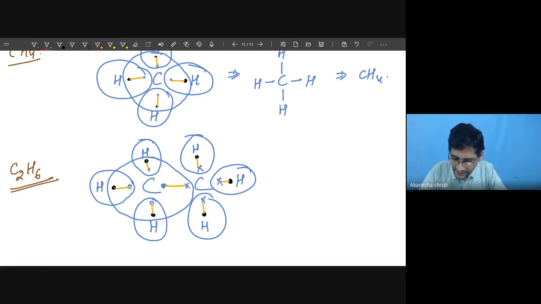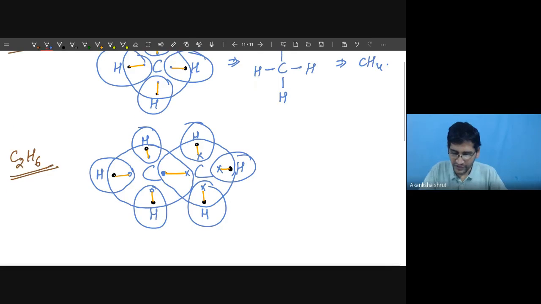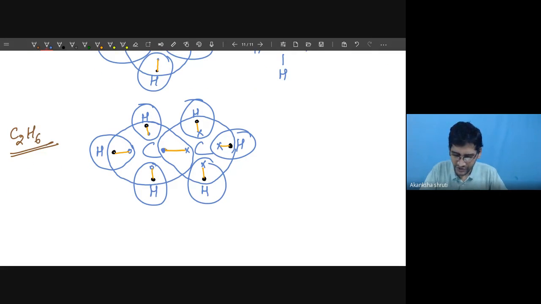For the second carbon, again the region of influence, or the area of electrons, will be like this. Are we getting it? So this is how the electronic structure is. For writing it in a simple fashion, what to do?